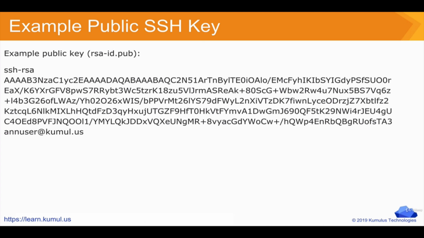Now, I think it's also helpful to understand what these things look like. They really are just files, and you can think of them as really, really big passwords in a way, though we'll talk about how they work and are different from a password. Now, this is an example of a public key. You'll see the file name rsa-id.pub. That .pub tells you it's a public key. This is the one that's okay to put out on that public-facing cloud server and onto the SSH server. They typically start with the type of key.